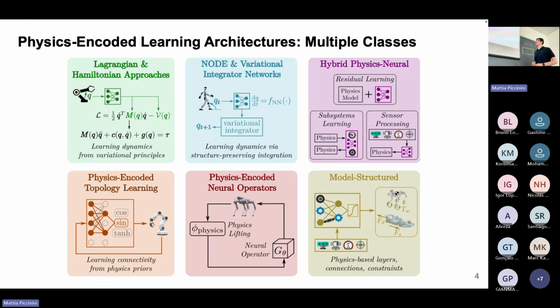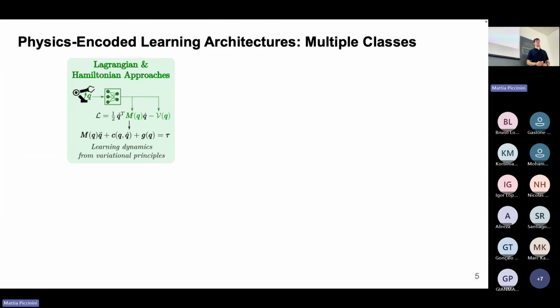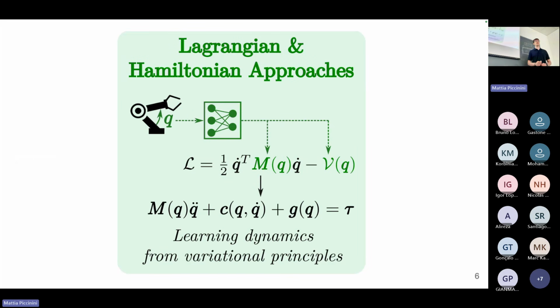So we can start from the first approach, which is Lagrangian and Hamiltonian approaches, which sound complex, sometimes can be a bit complex, but in principle, the idea behind is very simple. Here the slogan is learning dynamics from variational principles.